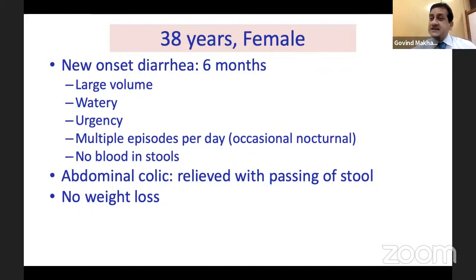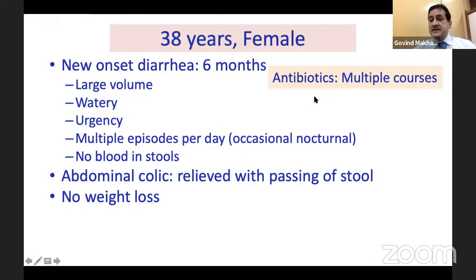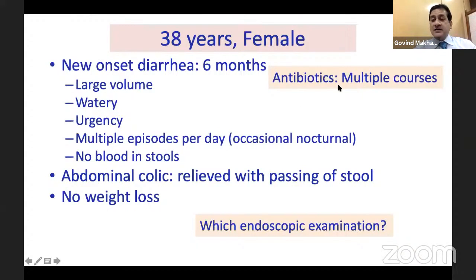So in this case scenario, how do I approach and which endoscopy do I do in this individual? I'll come back to that. Before that, she was given multiple antibiotics and there was no response. So we'll come back to what test we would like to do in this individual. I will leave you with this case at this point of time, and go to some basics about approaching a patient with chronic diarrhea.